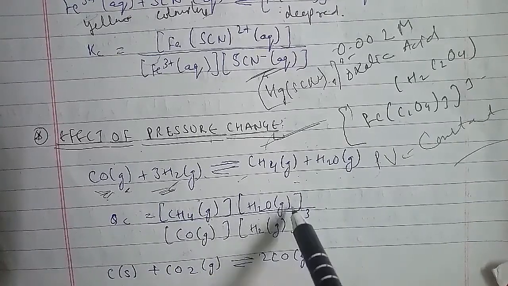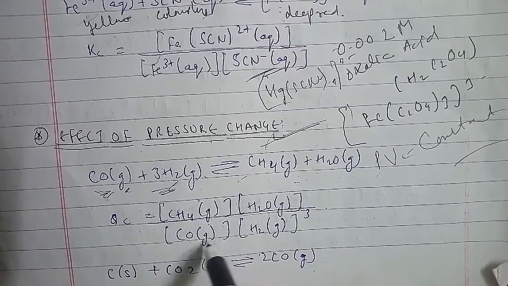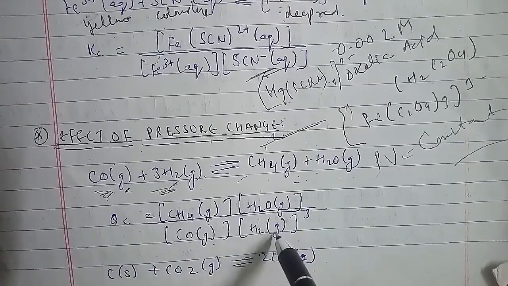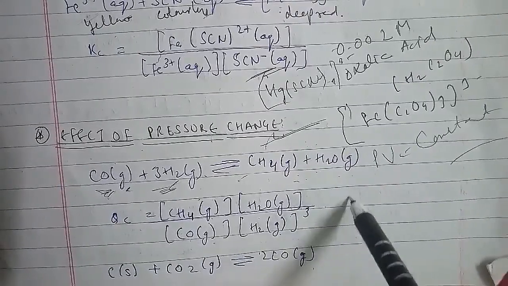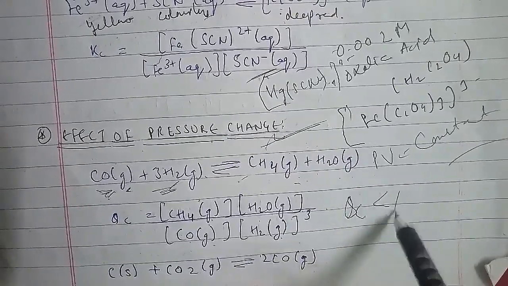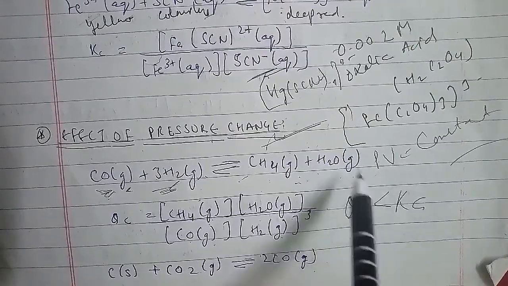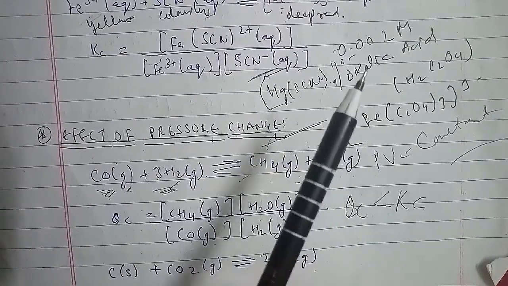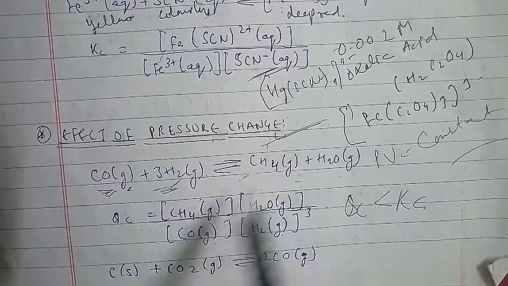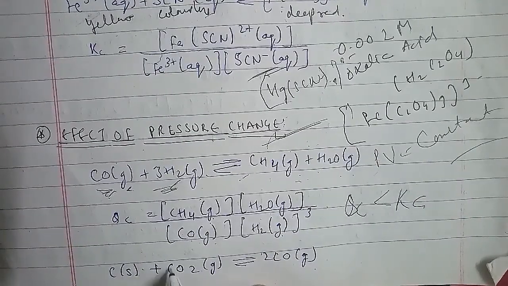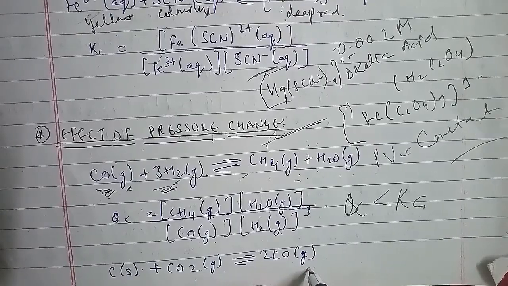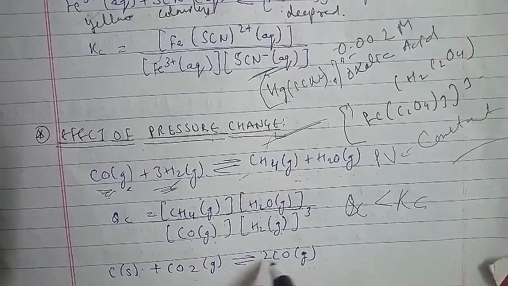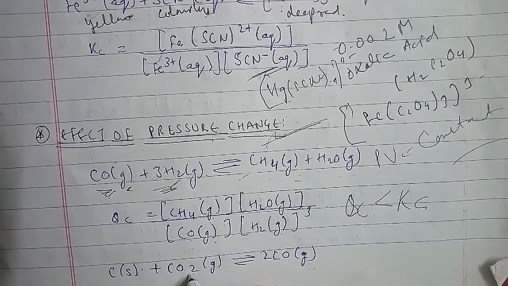With regard to that, now we'll discuss some other points, that is the effect of inert gas addition. If the volume is kept constant and an inert gas such as argon, which does not take part in the reaction, is added, the equilibrium remains undisturbed.